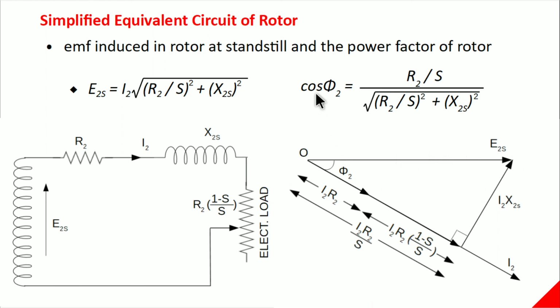Cos phi 2 in this triangle: this is the base and this is the hypotenuse. The cos of angle phi 2 will be the base, R2 over S, divided by the impedance, the square root of (R2 over S) square plus X2S square. So cos phi 2 has the formula resistance over impedance.